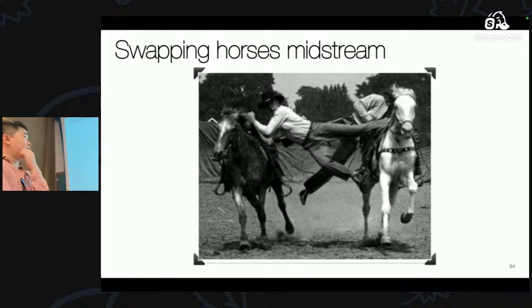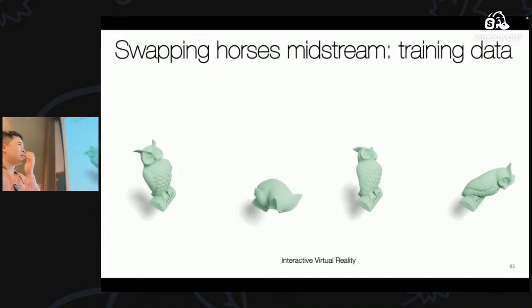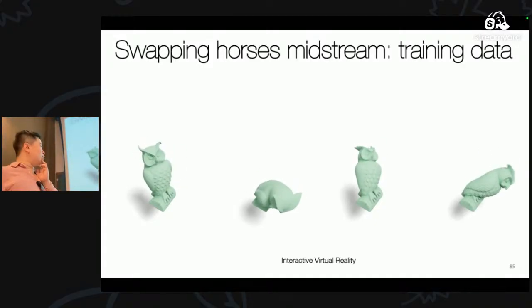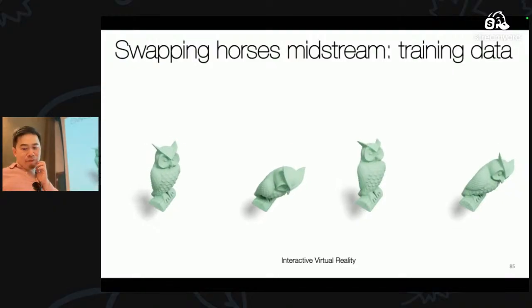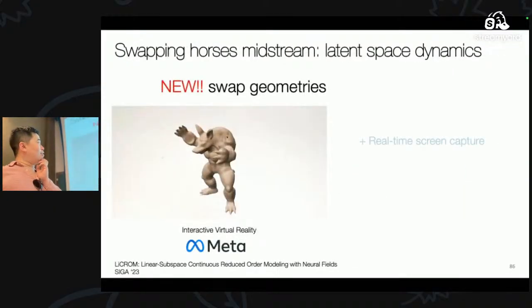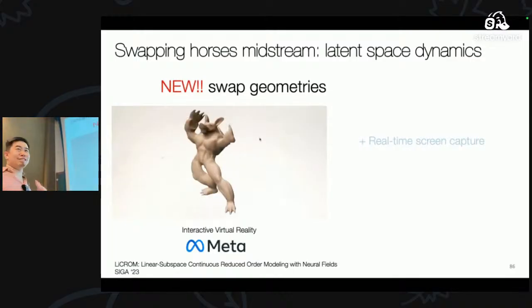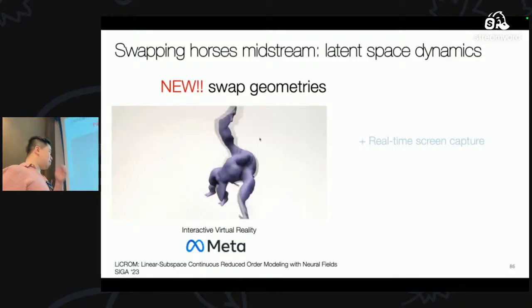My favorite example is swapping horses midstream. Do people ride horses here? They do? I don't know if they tried this. The point is, we train on one geometry, just poking this geometry in different directions. Now after training, you can swap geometries like crazy.